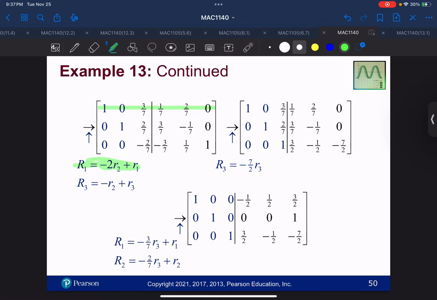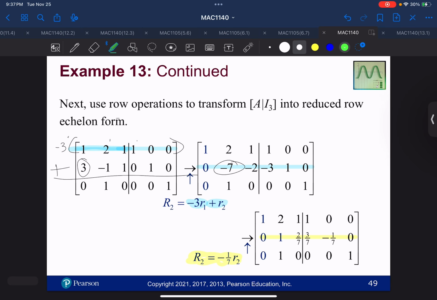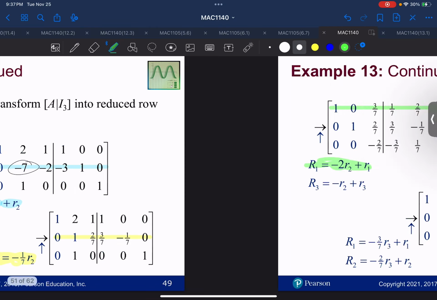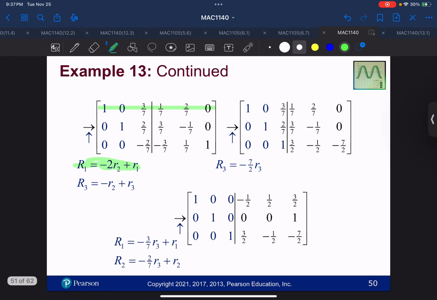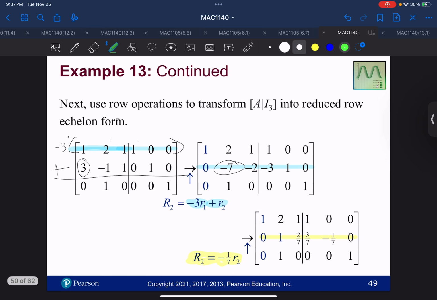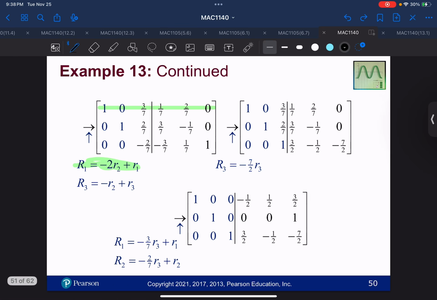Okay, and then after that, they will multiply negative 1 here and add it to this to get that to be 0 next. So that is what they are doing here.